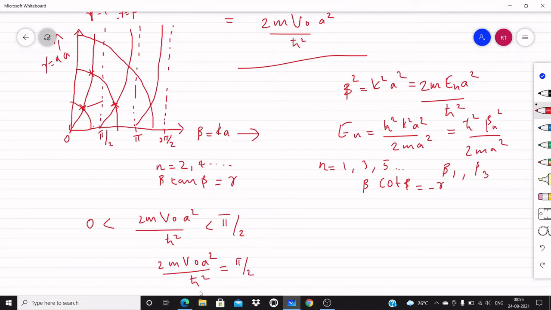Okay, that means V0 a square is equal to h cut square pi by 2 divided by 2m.